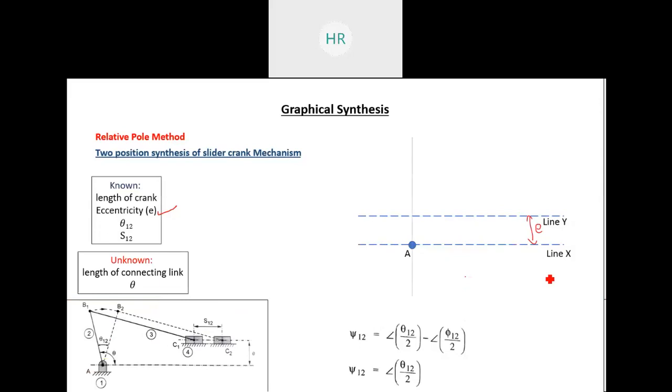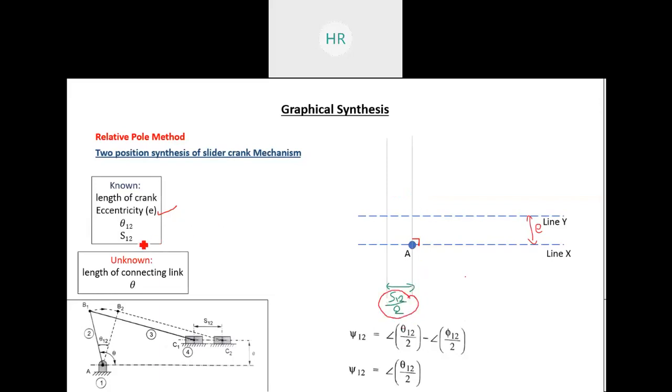Then from A, draw a line perpendicular to line X. Okay, what we have drawn here, vertical line, and draw another line parallel to it at a distance S12 by 2.